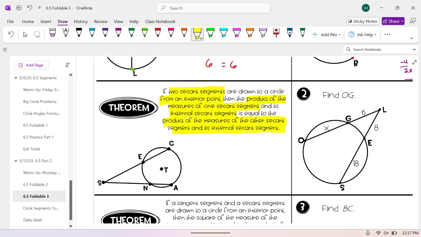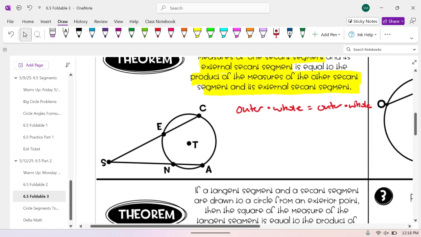So that's a whole lot of what they just said. But essentially, let me just break this down for you. So what they're saying is that the outer segment times the whole segment is equal to the outer segment times the whole. That still probably doesn't make sense, but let me explain.